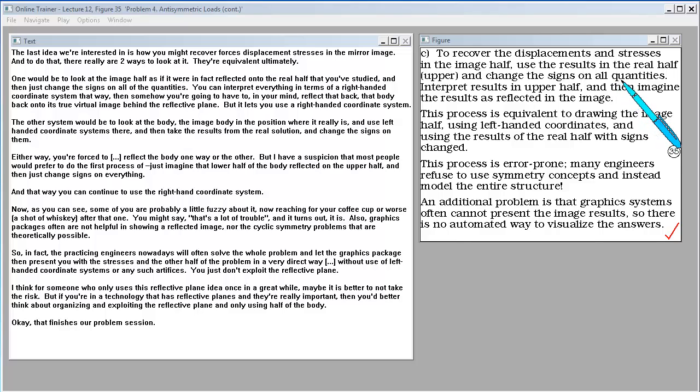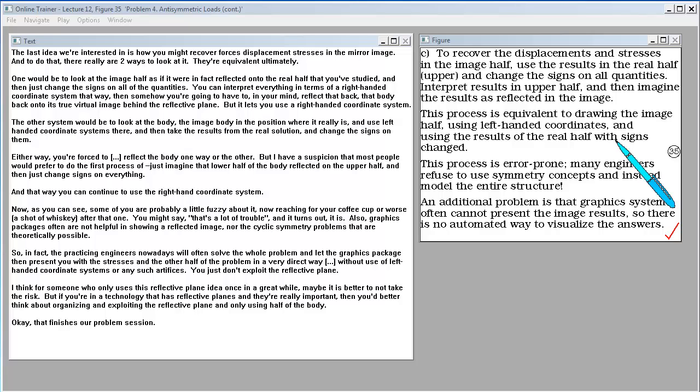The other process would be to look at the image body in the position where it really is, and use left-handed coordinate systems there, and then take the results from the real solution and change the signs on them.